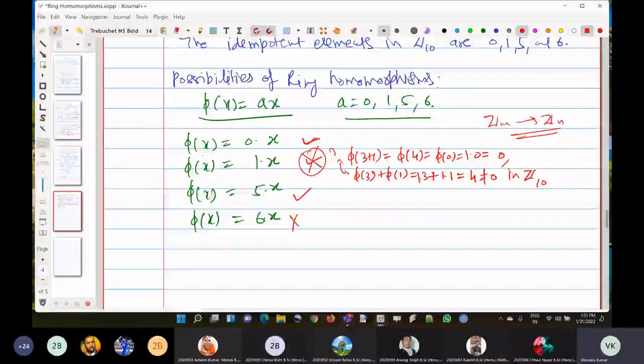So there are, in fact, exactly two homomorphisms: one is this one and another is this one. So we need to find the idempotent elements in the codomain, consider this kind of function, and then for each choice of a, verify whether or not it becomes a homomorphism.